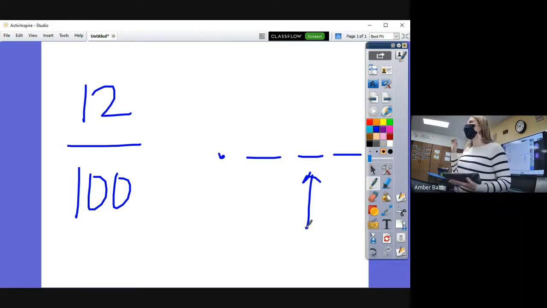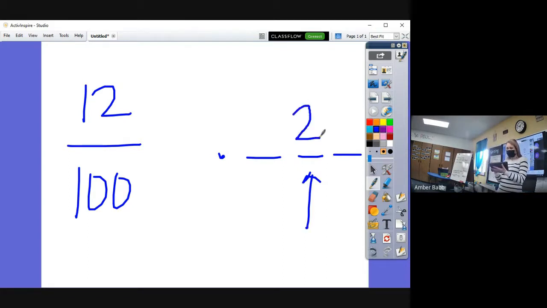Where the number ends is what place value I give it. So the 12 needs to end in the hundredths spot. I'm going to leave the 1 and the 2 in the same order. So that is 12 hundredths. Remember when we did decimals, wherever the number ends, that's the place value that we name it.